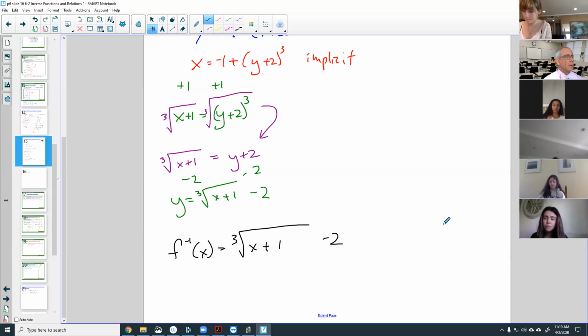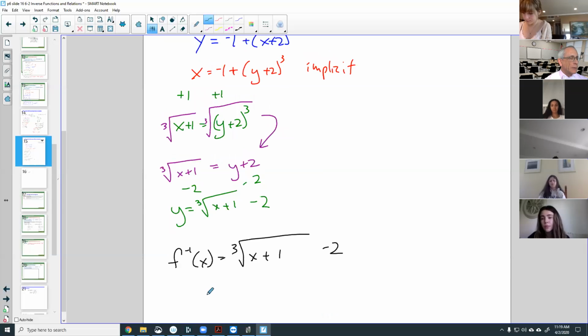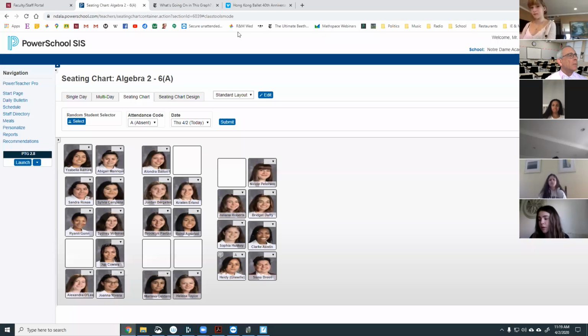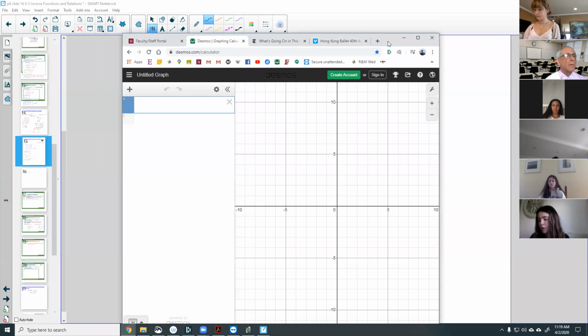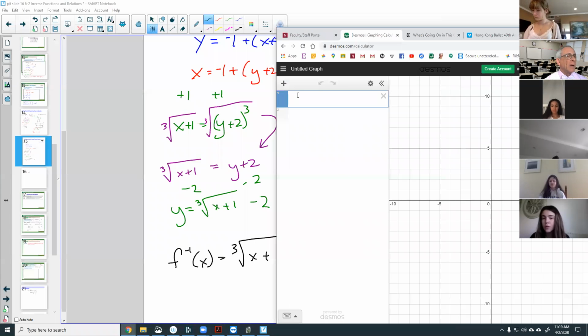Now I'm going to show you something that I actually haven't shown anybody yet. I want to look at a graph. My original function was y equals -1 plus x plus 2 cubed.